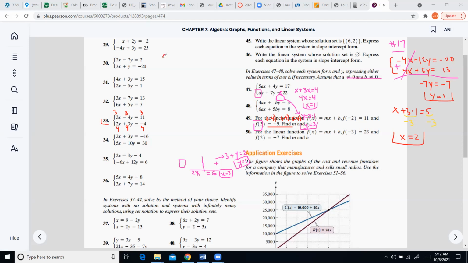Well, and then I'm gonna get 9x minus 12 times y, 12y, is equal to 33. So this will be my first little equation.